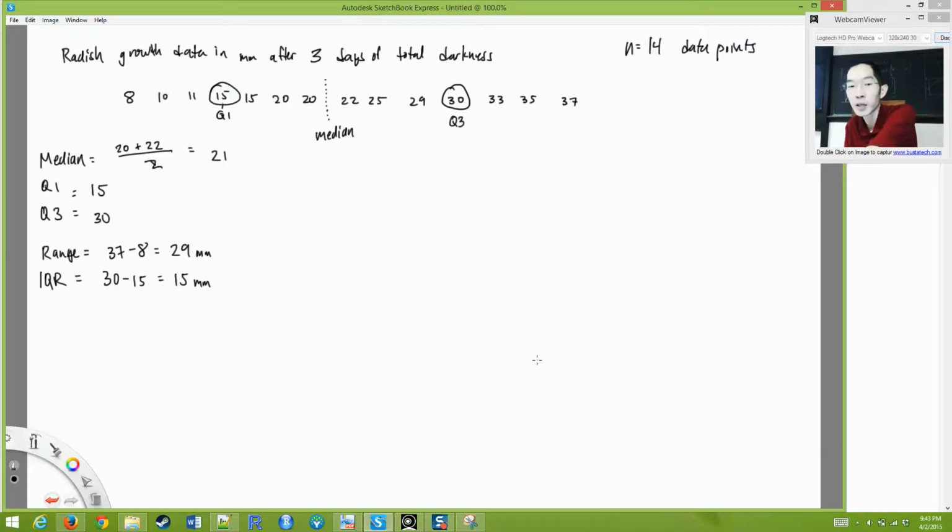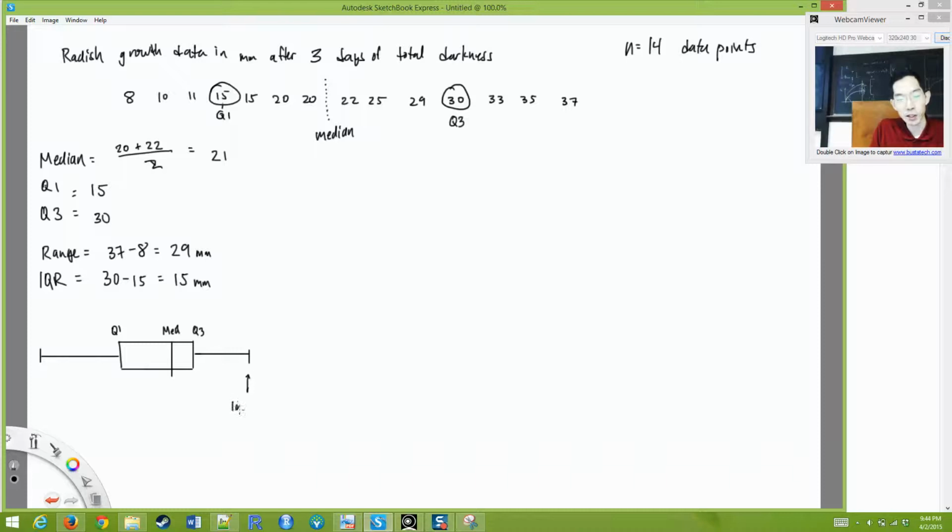With a box plot, a box plot looks like a box and it has whiskers. It looks like this, and the defining parts of the box are Q1, the median, and Q3. Those define the 3 parts of the box, and you have a whisker that goes up.